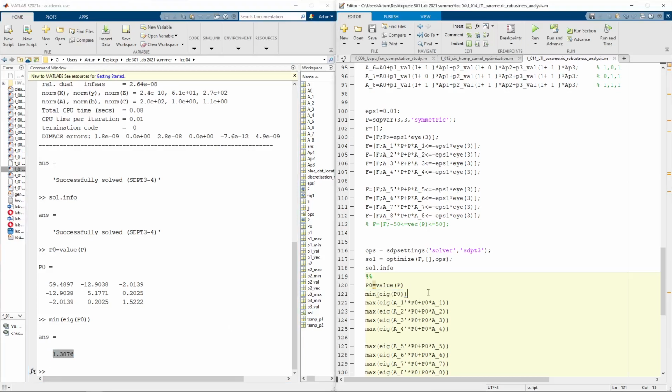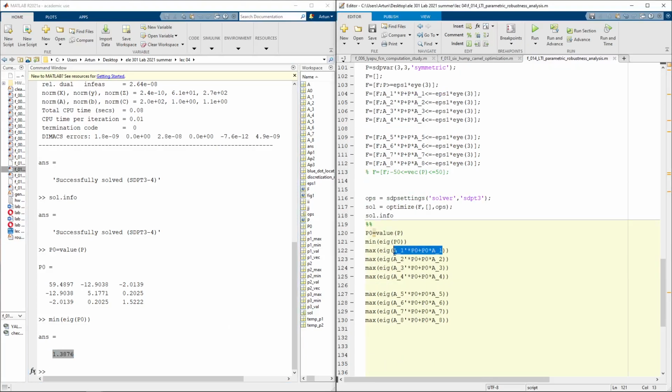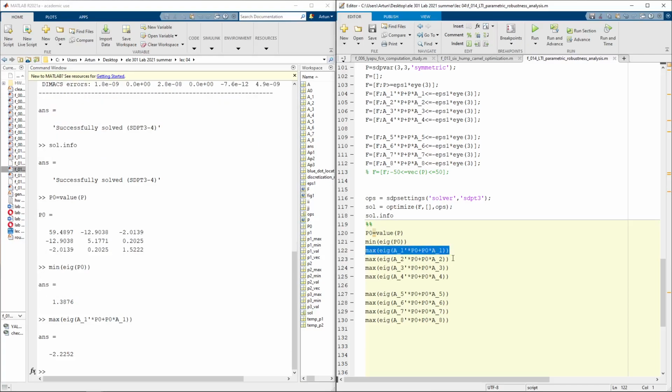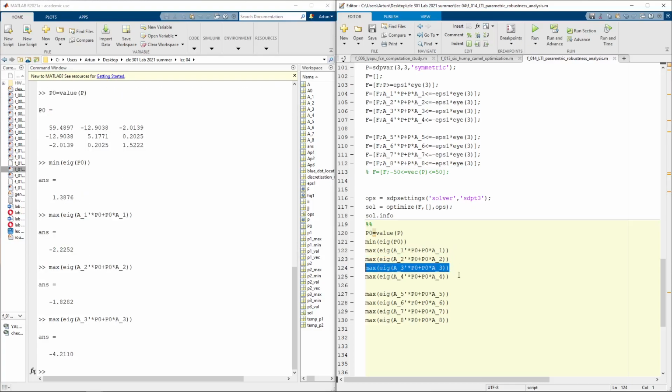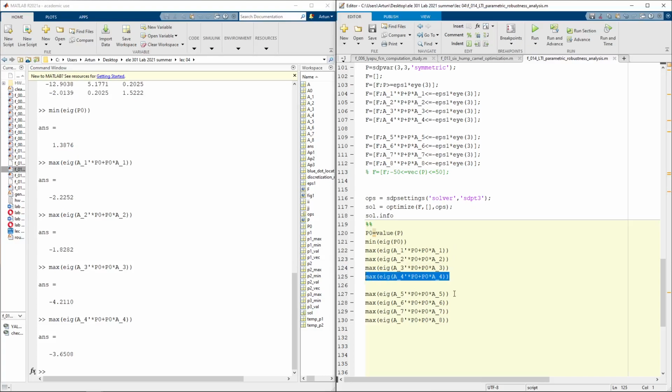All of those matrices must be negative definite, so the maximum eigenvalue of each one of them must be negative. And this is negative, negative, negative, negative, and so on for all eight.